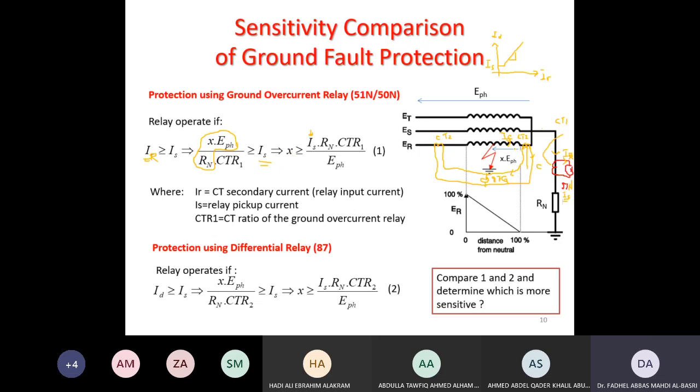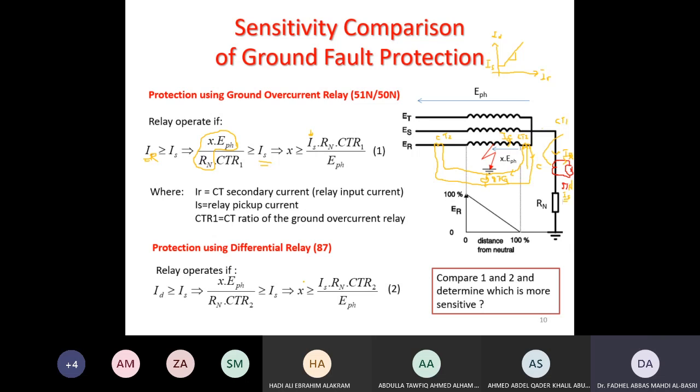If this becomes 100%, I want to minimize this one. This is the portion of the winding that will not be protected. So I want to minimize it.